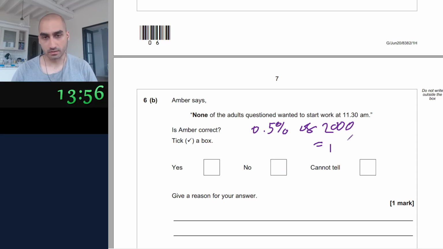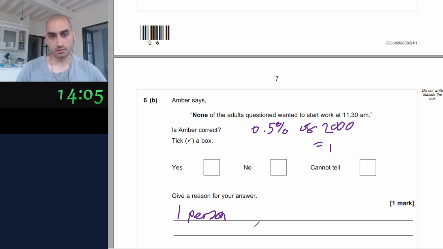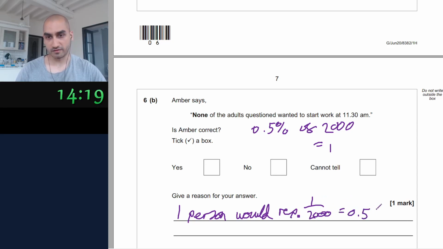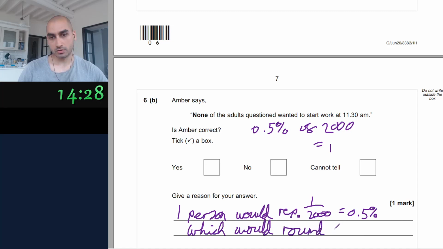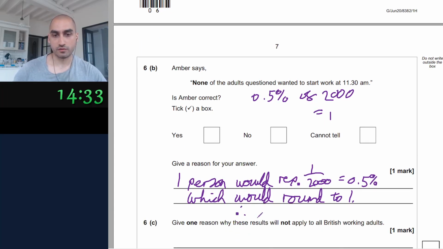So if there was one person, it would represent 1 in 2000 equals 0.5%, which would round to 1. Therefore, must be 0.